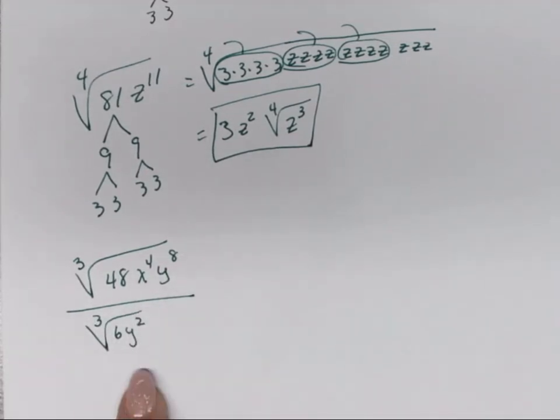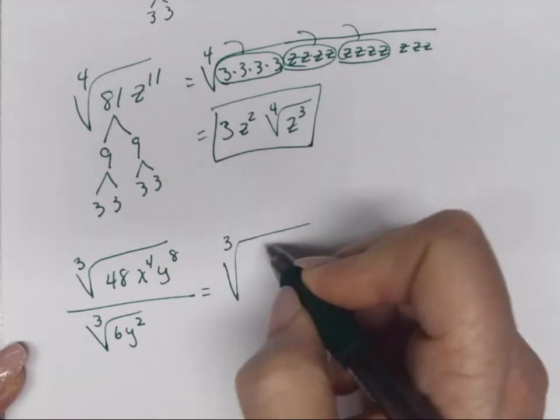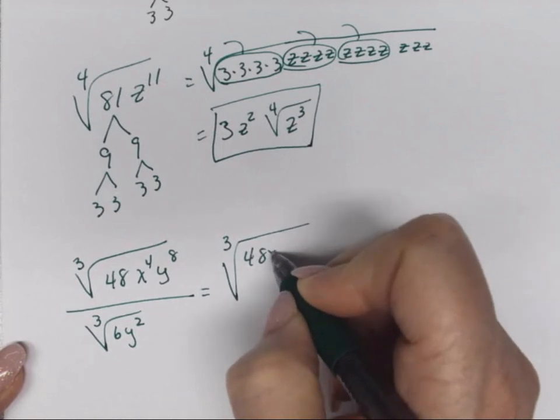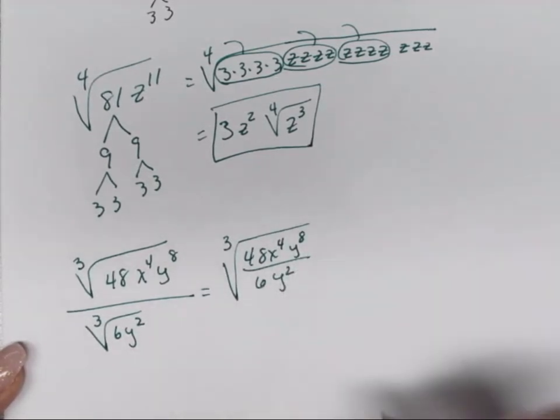So in this case, I want to put this back together. So I'm combining the quotient rule with what we're doing. So this will end up being the cubed root of 48 x to the 4th y to the 8 divided by 6y squared.